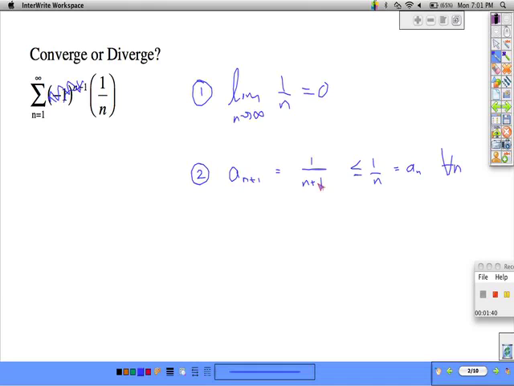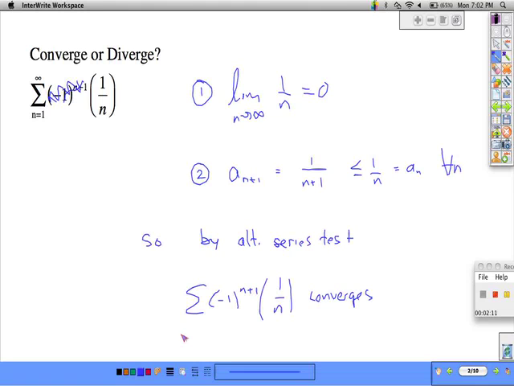We have 1 over a number that's slightly bigger than 1 over our number, so this has to be smaller. So, by the alternating series test, our series converges.